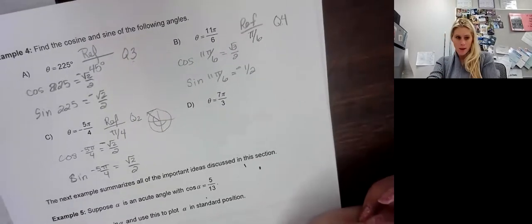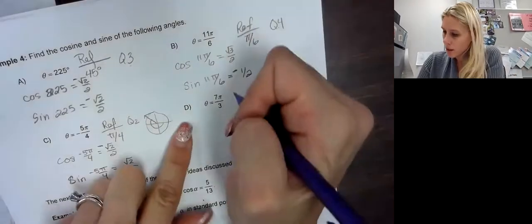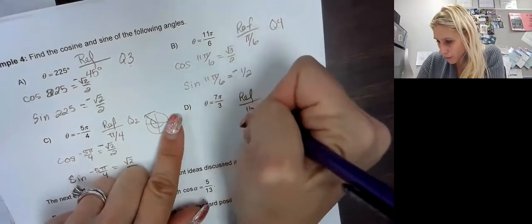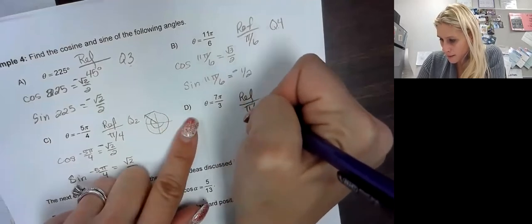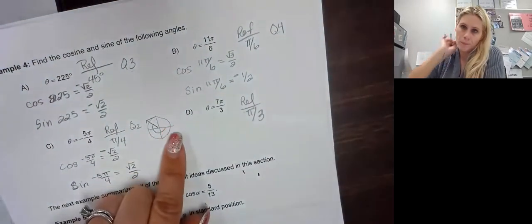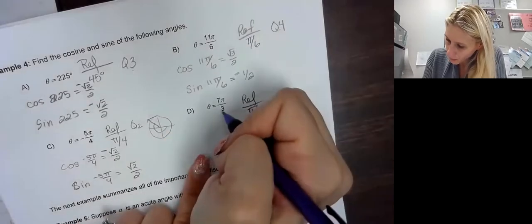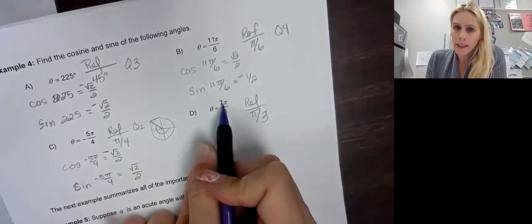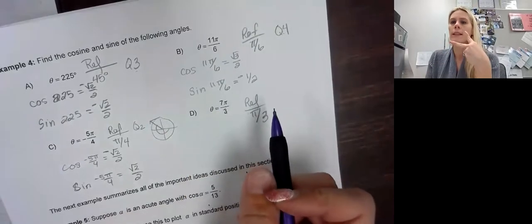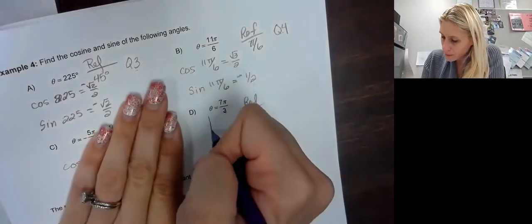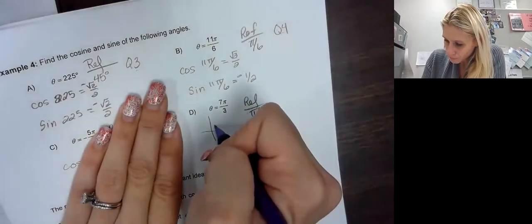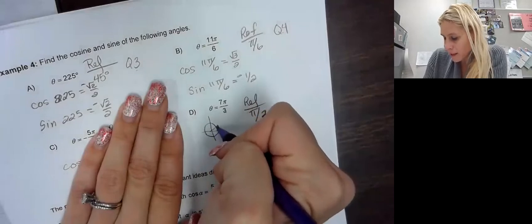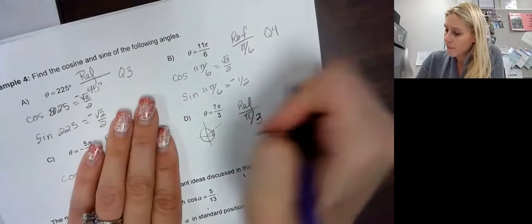Okay, 7 pi over 3. So the reference is pi over 3, and that's great. But when you think about where it ends up, I want you guys to notice that there's a 2 pi in here, right? 3 goes into 7 twice. So it's a full rotation, leaving 1 pi over 3 left, which makes us in the first quadrant.